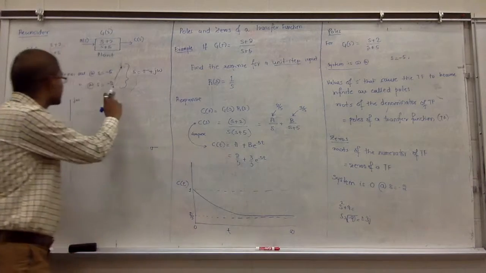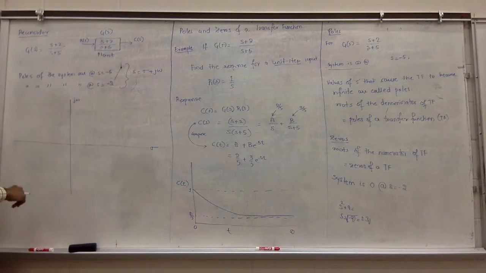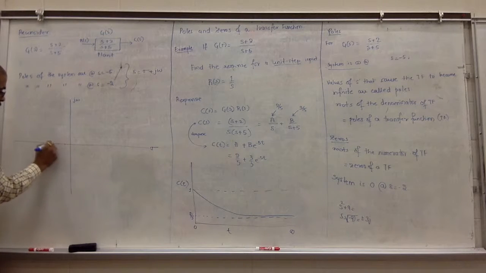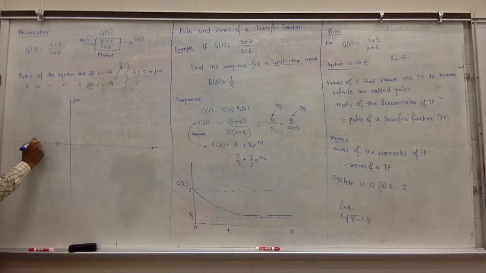So when you plot this, here what are the roots? The zero is simply minus 2. Okay? So you have 1, 2, 3, 4, 5. We use a 0 to plot a zero, and an X to plot the pole.